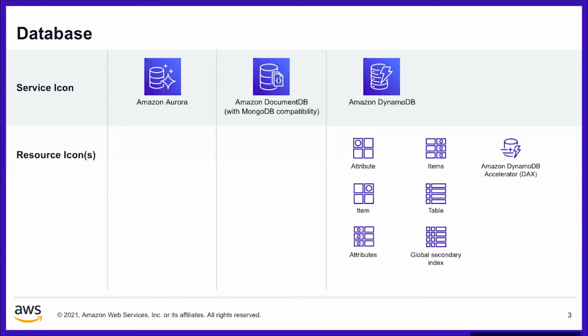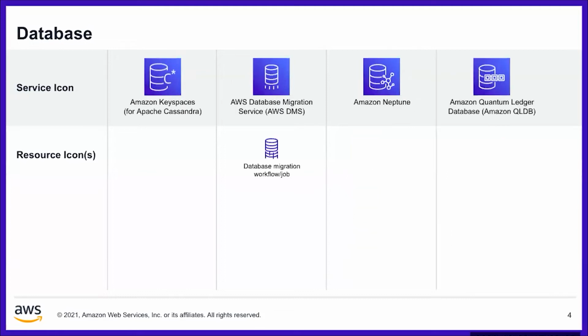Alongside these database services, Aurora, DocumentDB, DynamoDB, there are tons of other database services as well, like Keyspaces, DynamoDB Streams, and Database Migration Service, which is another particularly useful service to migrate databases from one cloud provider to another cloud provider.